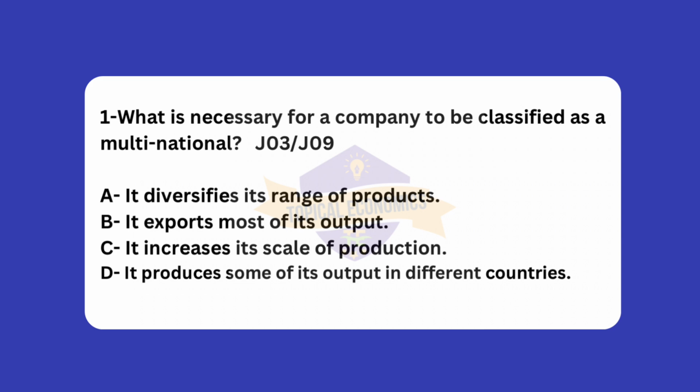Looking at option B, exporting indicates that a company sells its products internationally, but it does not require the company to have production in those countries. Option C, scaling production can occur domestically or internationally and is not a defining factor of being multinational.